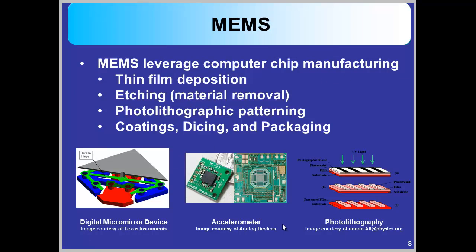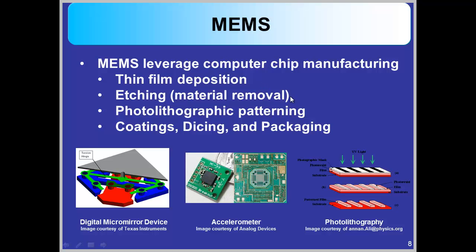So just to give you a little bit more information about these MEMS devices and the way they're fabricated, they do leverage computer chip manufacturing, so the same technologies, the same systems that are used to make computer chips are also used to make MEMS devices. These include thin film deposition, where you're depositing microscale, and even nanoscale layers of materials.